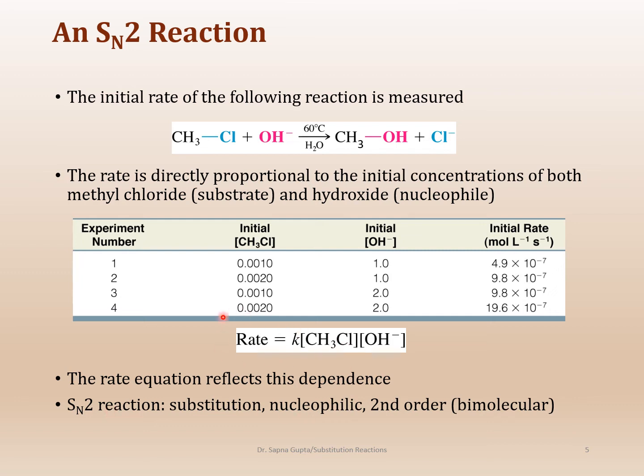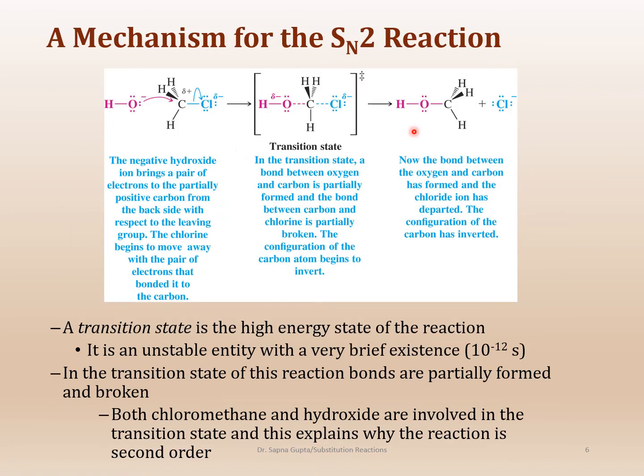So this kind of reaction or experiment tells us that this is the rate equation. The rate equation tells us that the rate is dependent on both the substrate as well as the nucleophile. If it is dependent on both, what does that mean as far as the mechanism is concerned? What it means for us is that the Cl doesn't leave first.